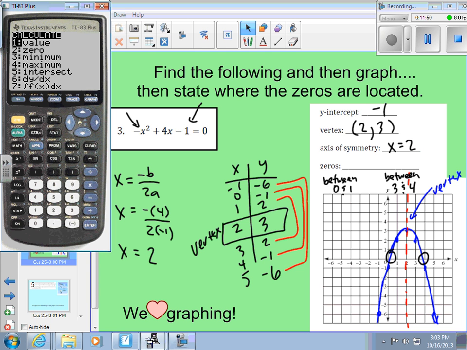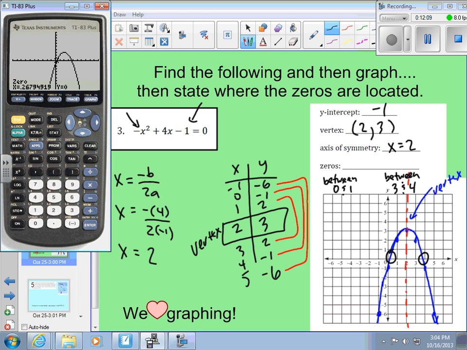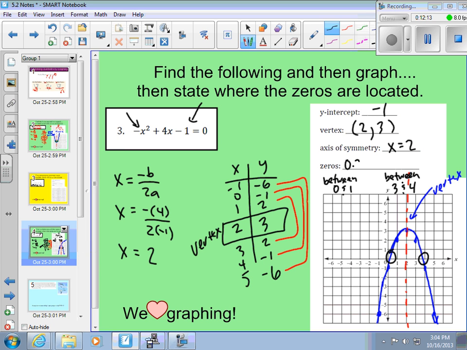If you're using a TI-Nspire, find where your zero is, and you should be able to estimate a little better where that is. So pick a point to the left of the intercept, pick a point to the right, and it looks like it's at about 0.268.